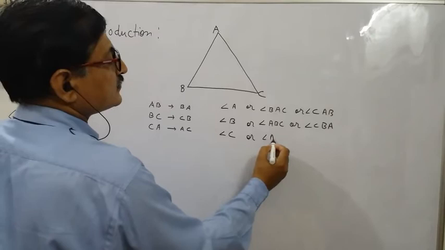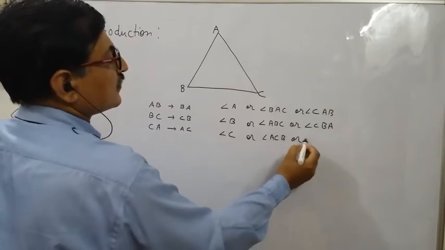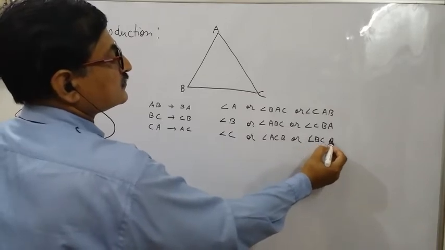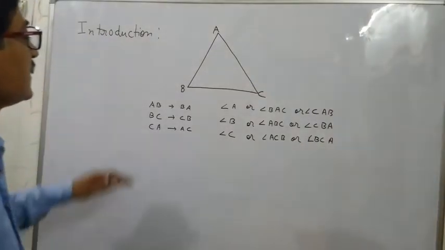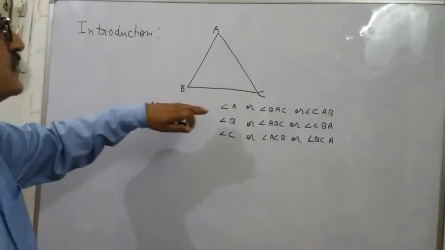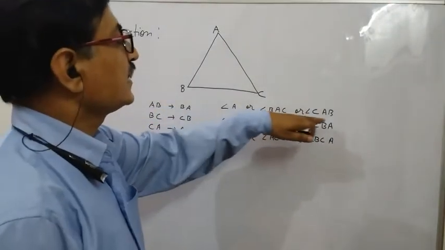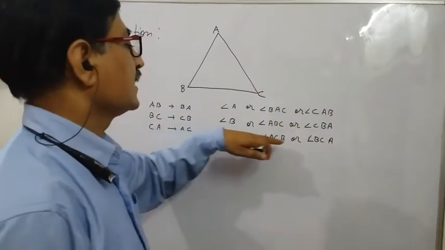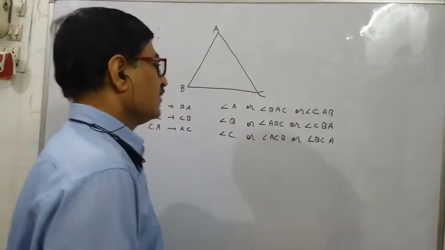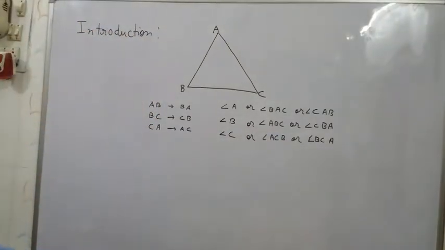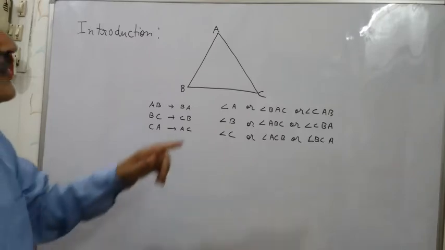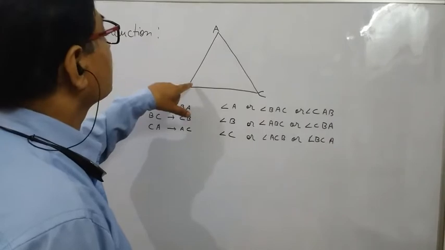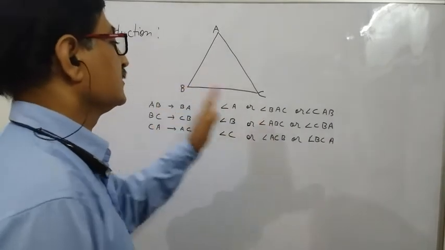Angle ACB or angle BCA. Just like the sides AB and BA are the same, in the same way angle A, angle BAC, angle CAB are the same. Angle B, angle ABC, angle CBA, and angle C, angle ACB are the same. Means if we are speaking angle BAC or angle A or angle CAB, we are representing only angle A, and for angle B we are representing angle ABC and angle CBA. Similarly this also.